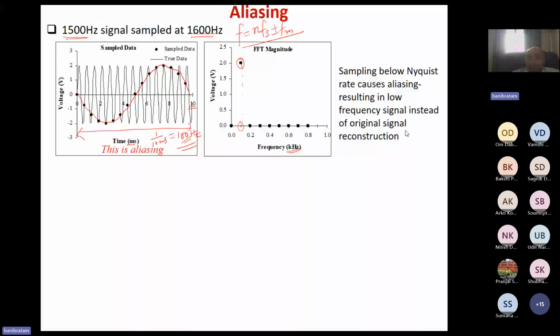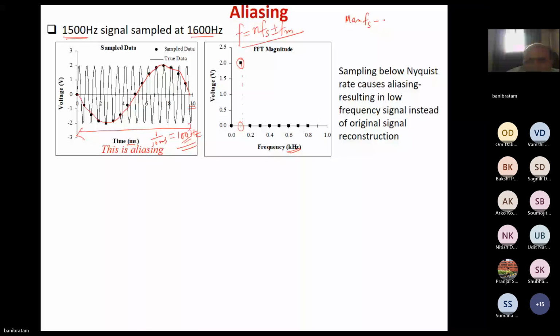But if there is some restriction, suppose you are choosing a particular microcontroller, or some device or circuit for generating the sampling frequency, and that is restricted. Suppose the maximum sampling frequency is 1 kilohertz.